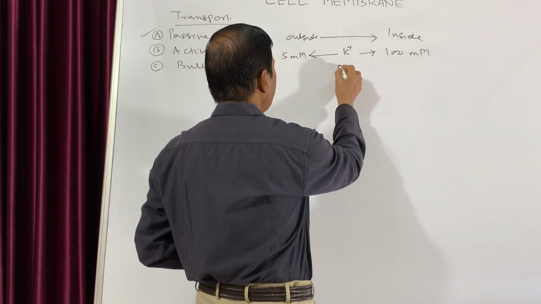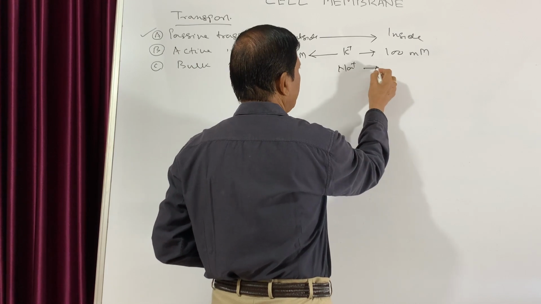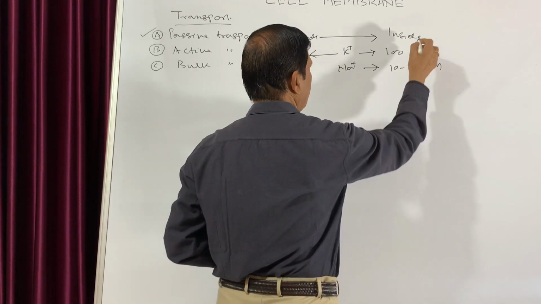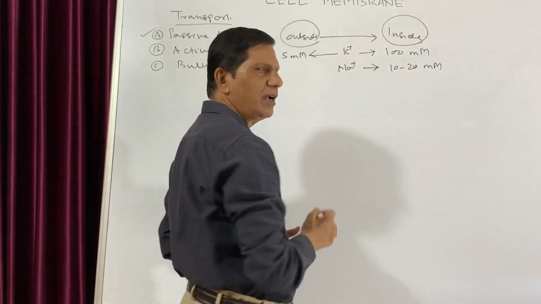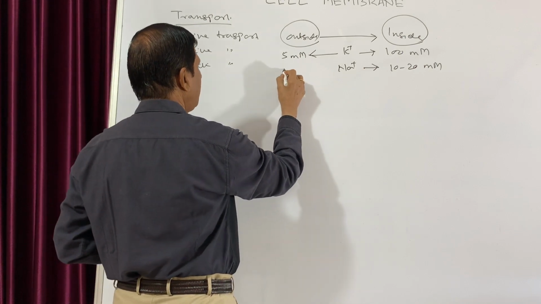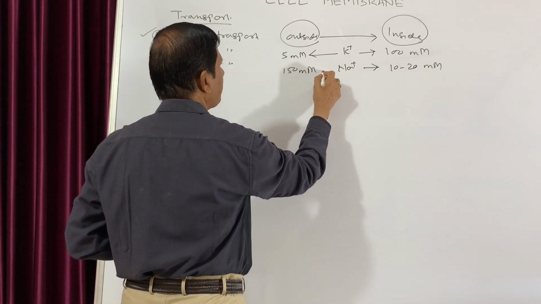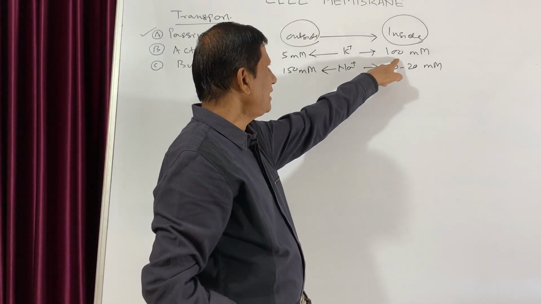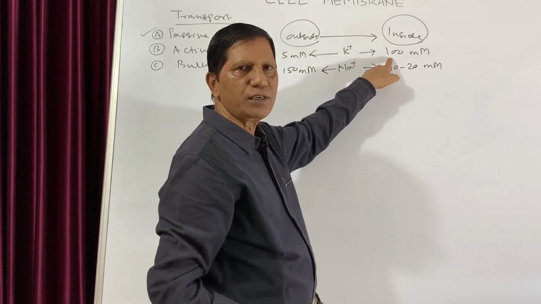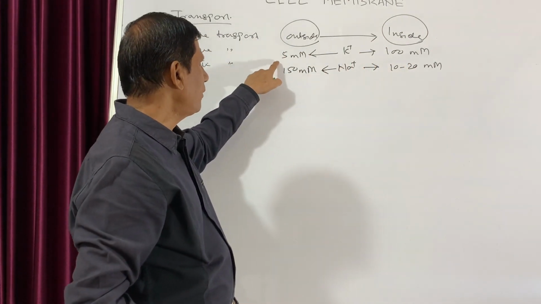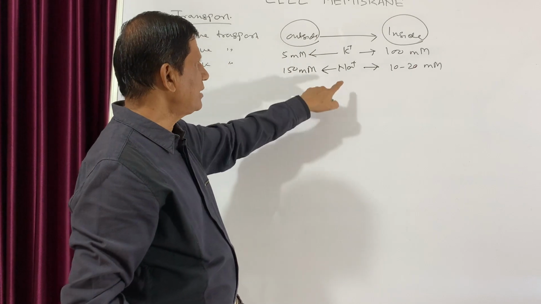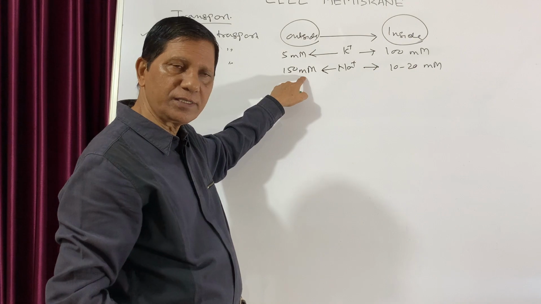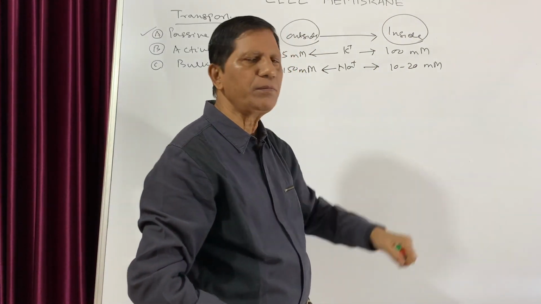Now if we take the case of sodium, then they are only 10 to 20 millimolar inside the cell, while they are up to 150 millimolar outside the cell.